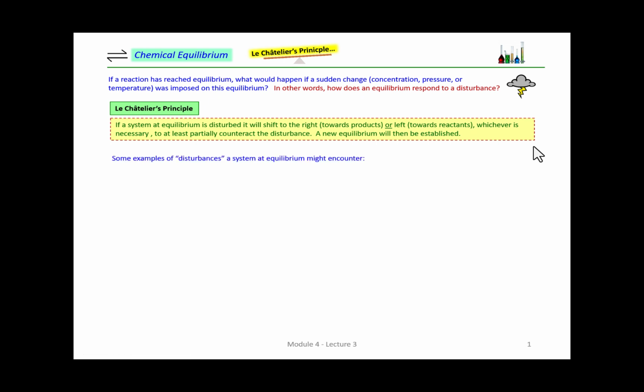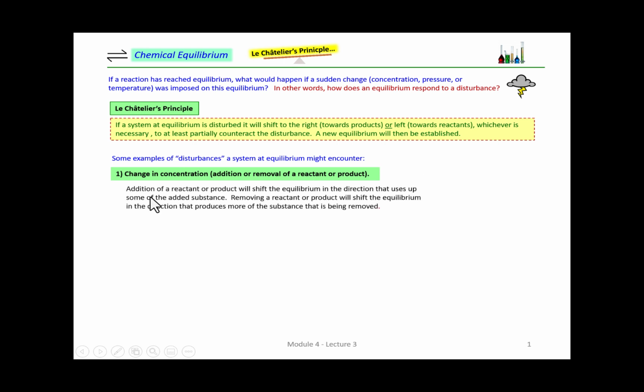Well, let's give a little more detail about some examples of disturbances a system at equilibrium might encounter. One would be a sudden change in concentration, and that could be imposed by either adding or removing a reactant or product. If you add a reactant or product, the equilibrium is going to respond by shifting in a direction that uses up some of the added substance.